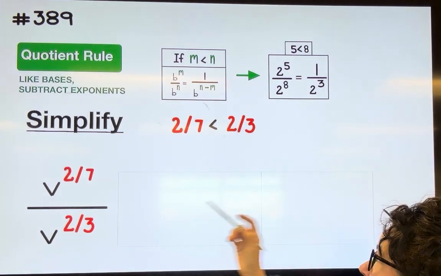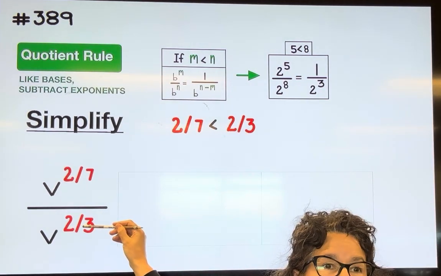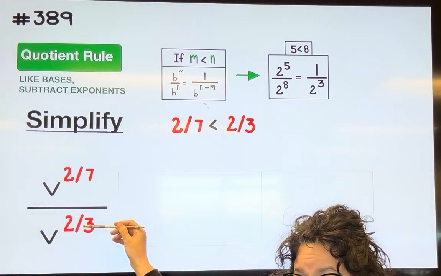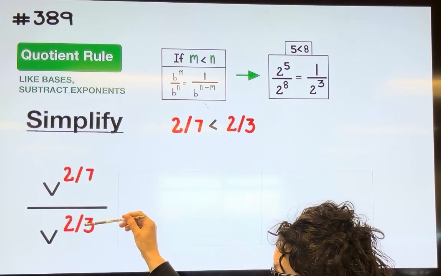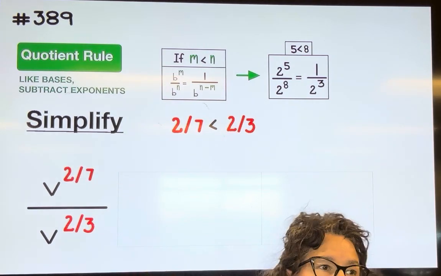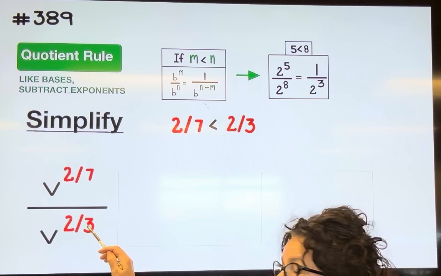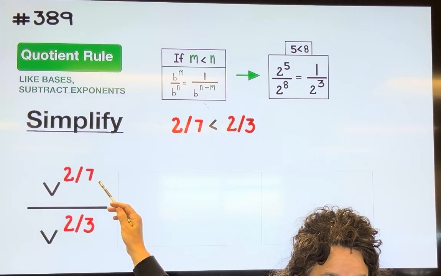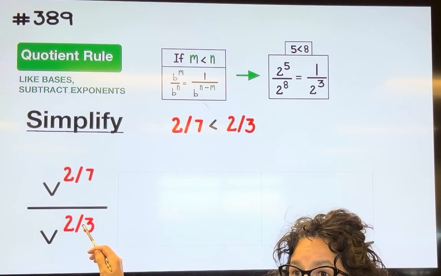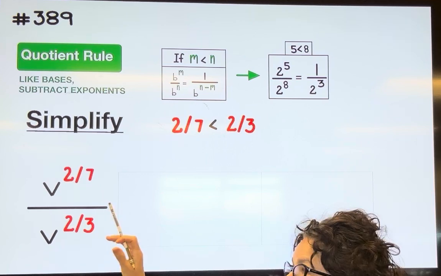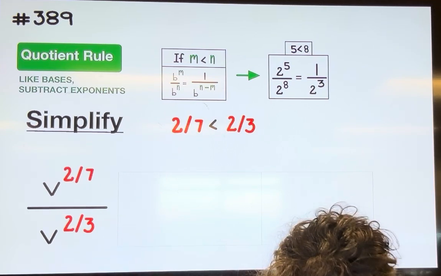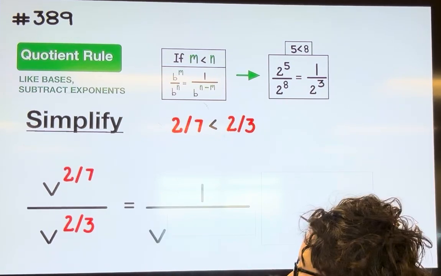But now that I know that the exponent in the denominator is larger, when I go to subtract the 2/3 and the 2/7, I want to take the big number minus the small number. And since there are more in the denominator, the v to the power of is going to be in the denominator.